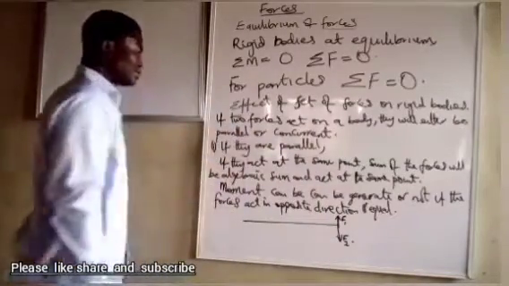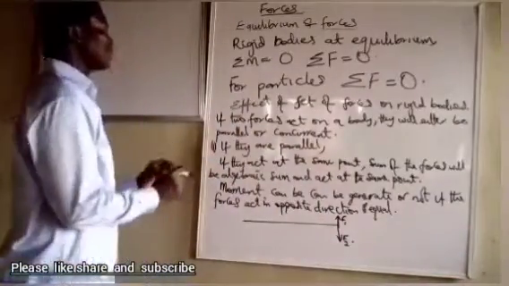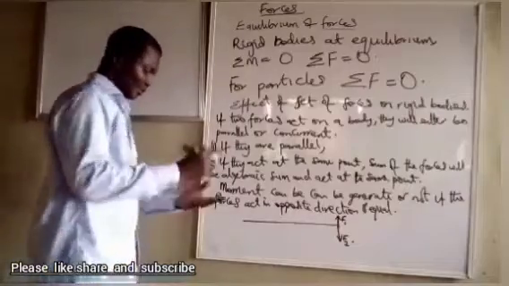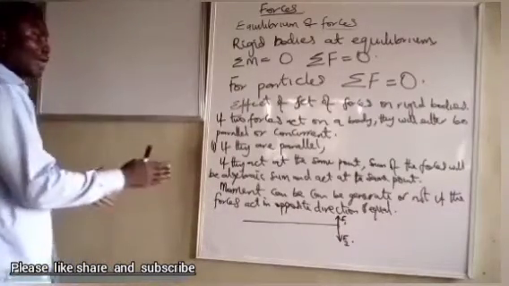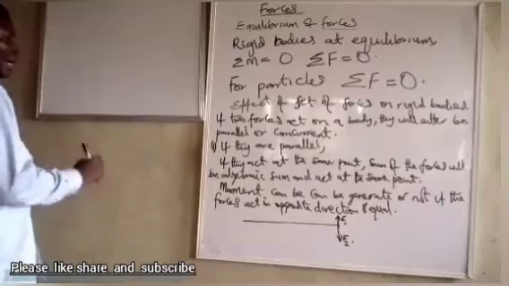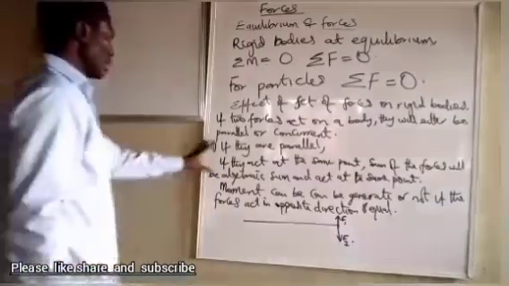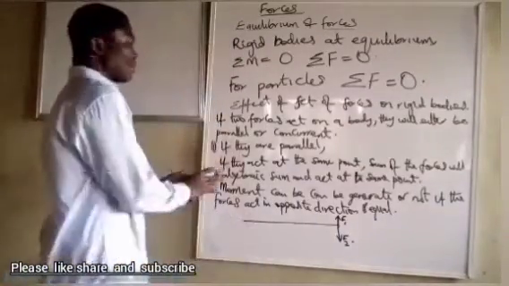So that is just a summary of this. I will now take them one by one, for like parallel forces and unlike parallel forces. So now this is just the summary. Now let's start talking about each.